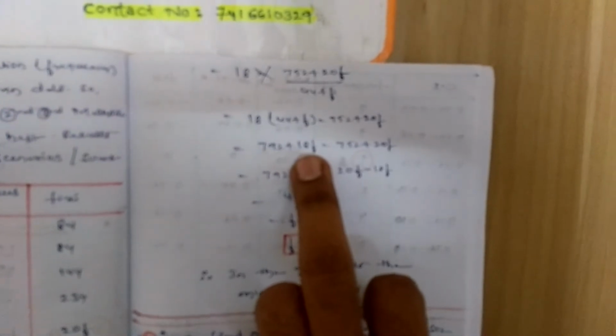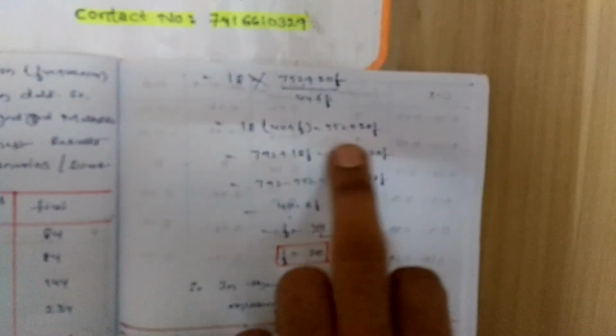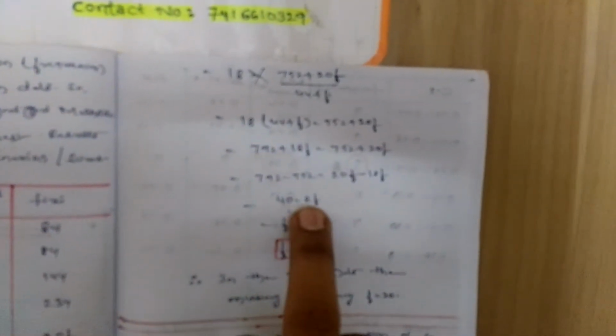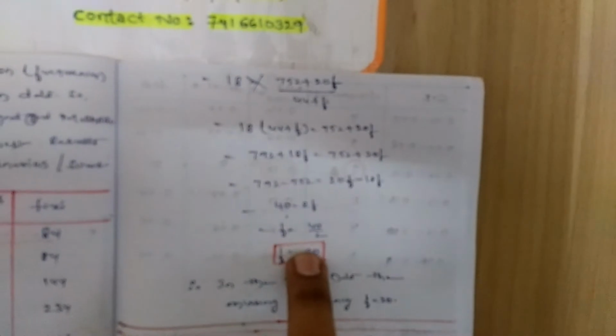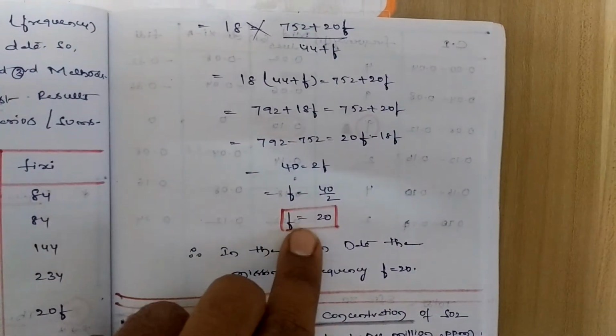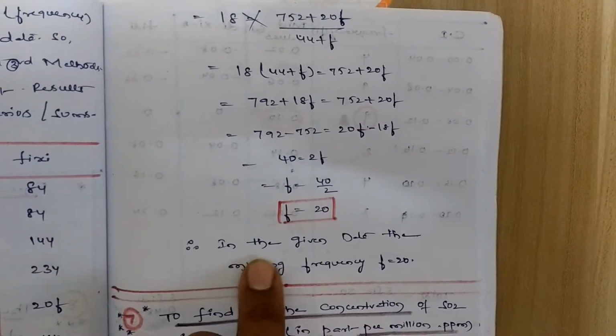Send 18f to the RHS, it becomes minus 18f. So we get 40 equals 2f, so f equals 40 by 2, that is 20. Therefore the missing observation in the given data is 20. So this is the third sum.